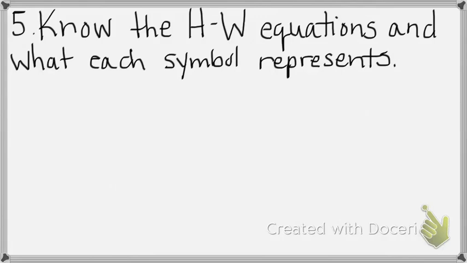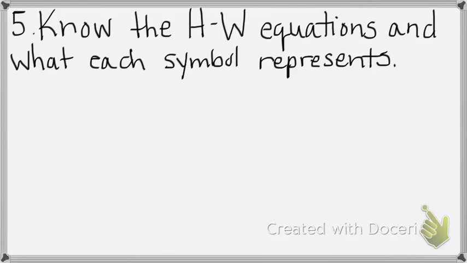Okay, class, I promised number 5, so you might want to star it. In Hardy-Weinberg, what symbol is the frequency of the recessive allele? It's Q. What symbol is percent heterozygous? 2PQ.